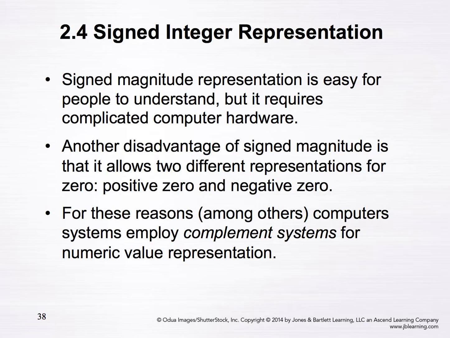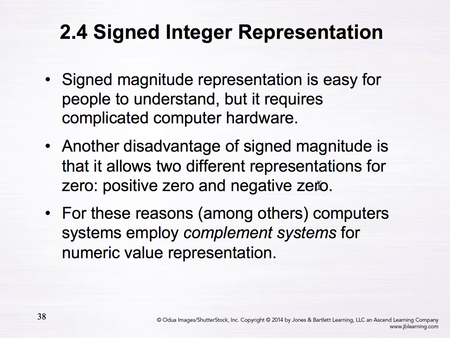So we can see that sign magnitude representation is easy for people to understand, but it also requires complicated computer hardware. Another disadvantage of sign magnitude is that it allows two different representations for 0. So we have positive 0 and negative 0 that represent the same number 0.